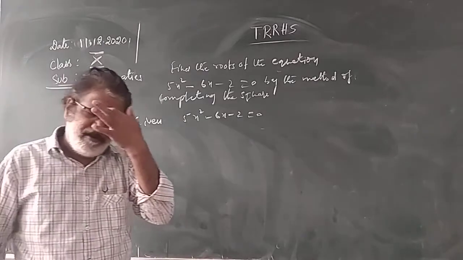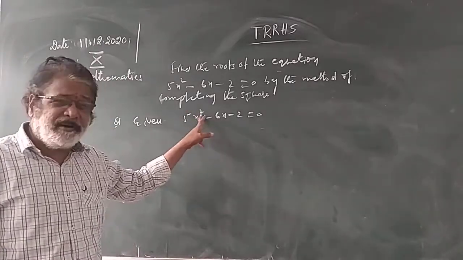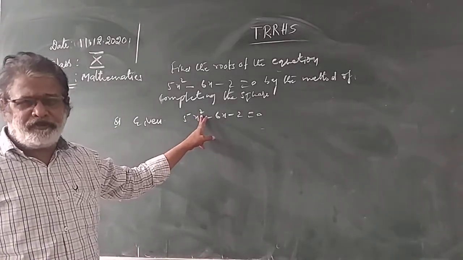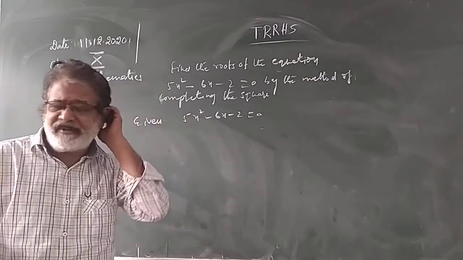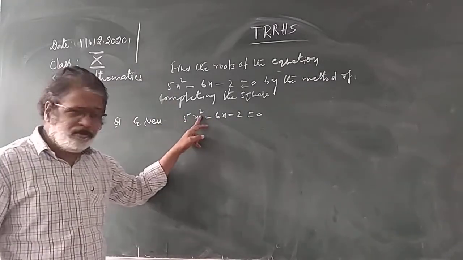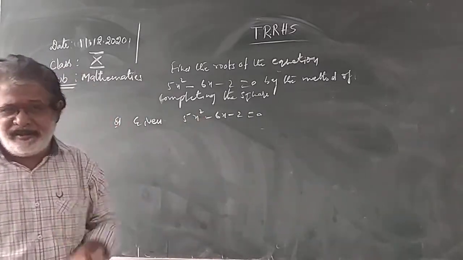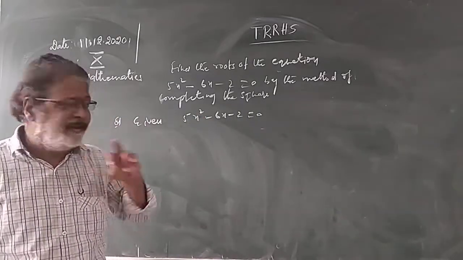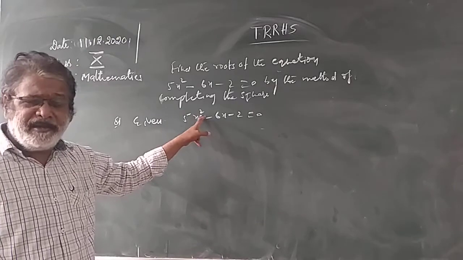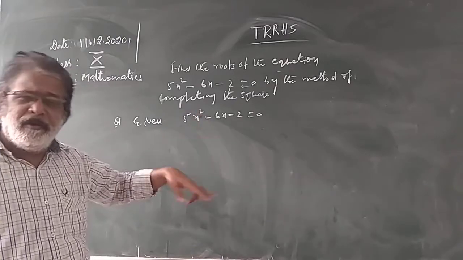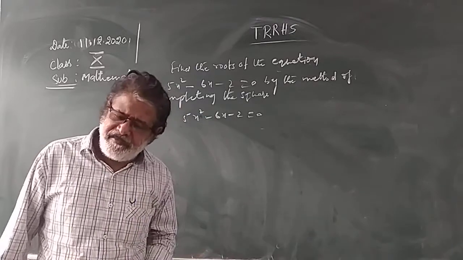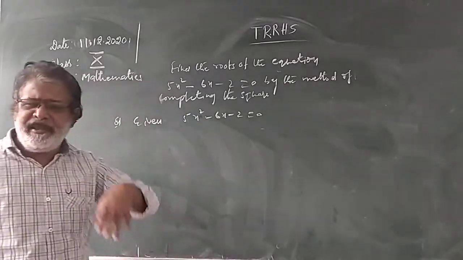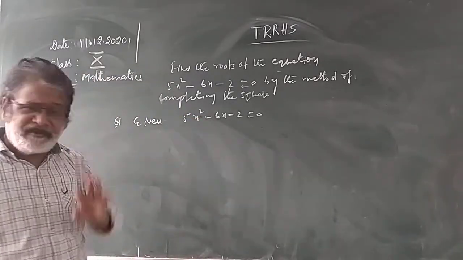The highest power is the degree, and here the degree is 2, which is even. 4 is even, 6 is even, 8, 10 are even. So any even power is a perfect square.